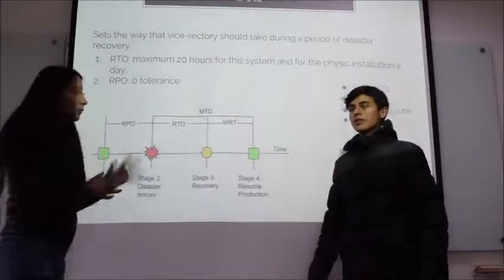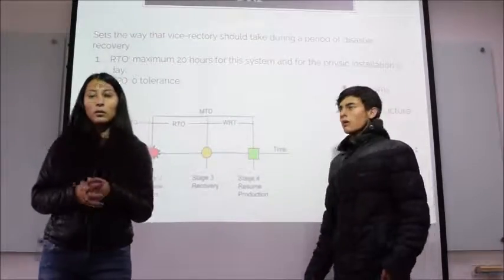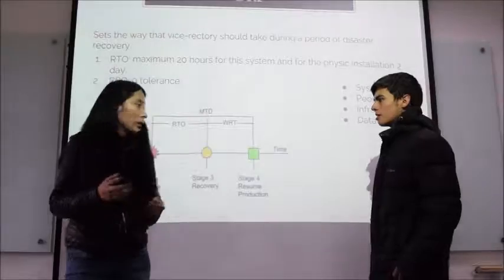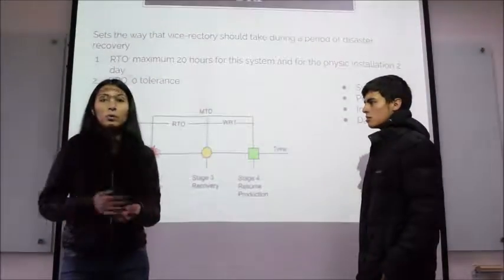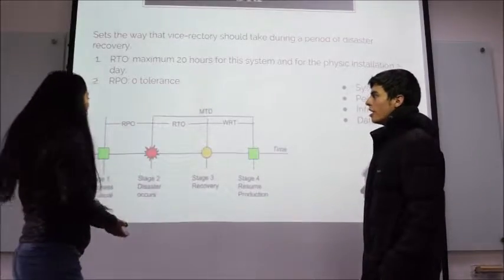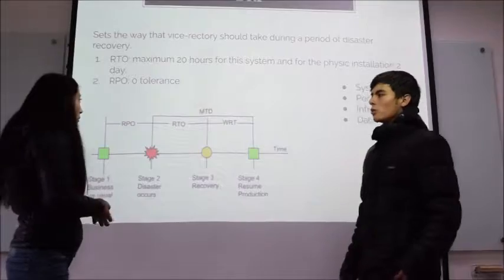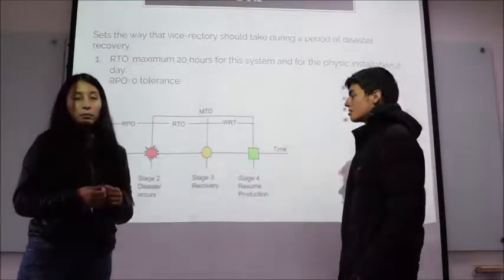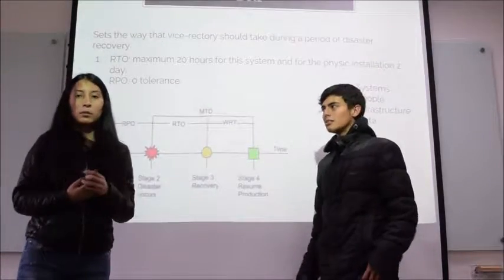Another important thing to highlight is that 80% of the critical processes will need to be restored by hour 16. If that doesn't happen, then we will need to get a different plan because we're losing time. And the RPO, the recovery point objective, will be zero tolerance, because as my partner Nicole said before, we cannot afford to lose any information, any book that is in the library.